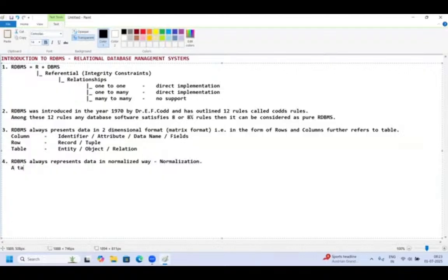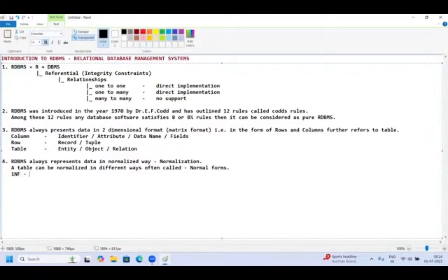And you study that a table can be normalized in different ways, often called normal forms. And how many forms? We have all of them.